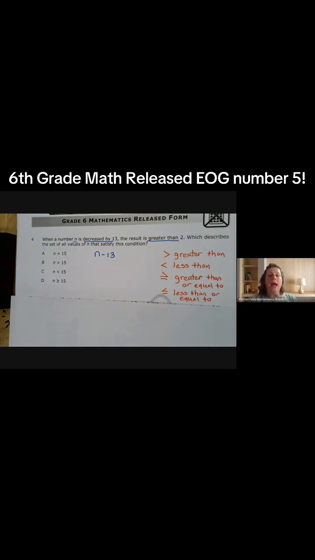In elementary school, they learn something about the alligator's mouth opening to the bigger one. It's been a minute since I've been in elementary school. I know how to do it, but I don't remember the tricks. Maybe they don't even use the alligator anymore.